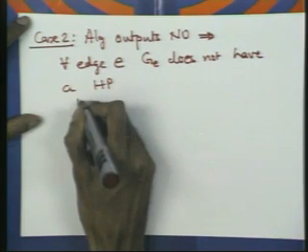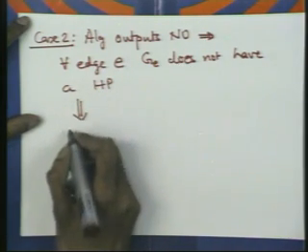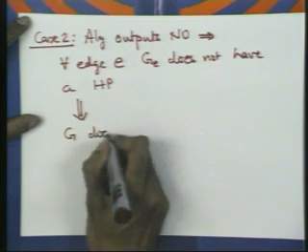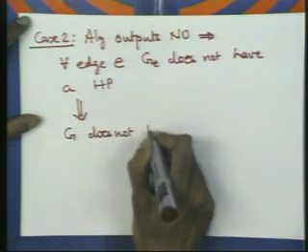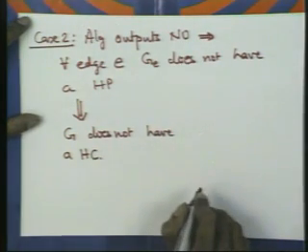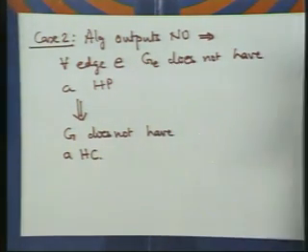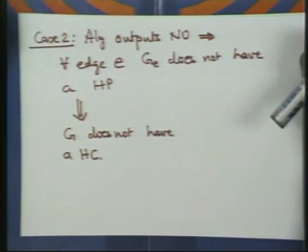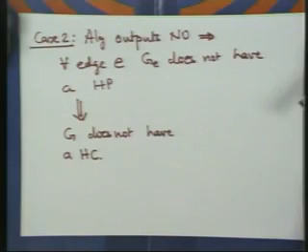So we need to see that this implies that G does not have a Hamiltonian circuit. Okay. So this is what we need to show. So we need to show that for every edge E, if GE does not have a Hamiltonian path, then G does not have a Hamiltonian circuit, right?